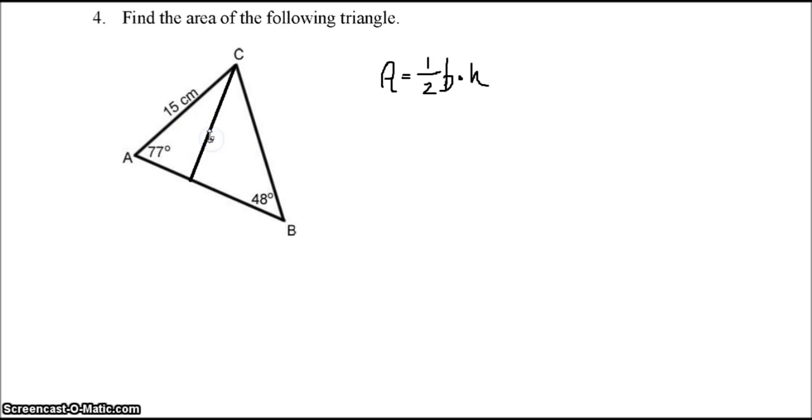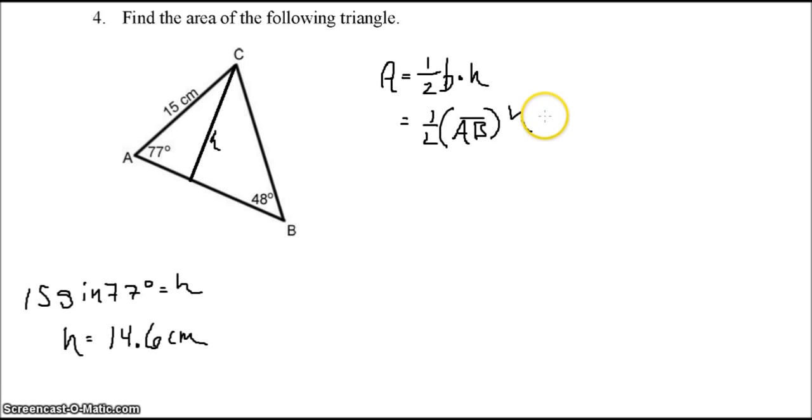So first thing we need to do is find the altitude h. Notice if this is the altitude, then the base is AB. So this is going to be 1/2 whatever AB is, the length of AB, times h. Now h we can find because the sine of 77 equals h over 15, meaning h is just 15 sine of 77.